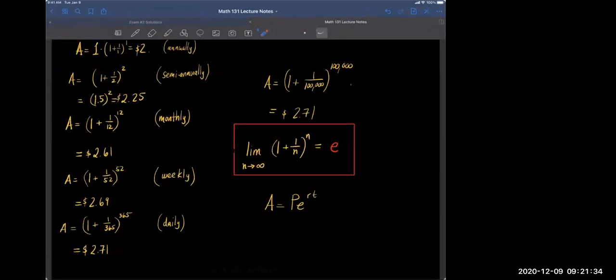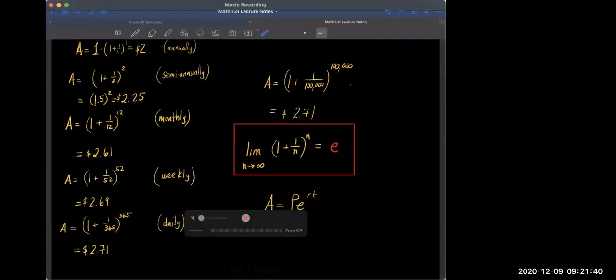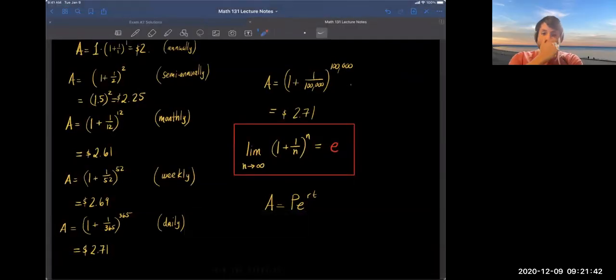Professor, I like how you gave us the background to e. It's pretty cool. I'm glad you liked it, because when I came across this, I was like, wow, this is amazing. My original thought was that if I were to compound interest more and more, my dollar would grow without bounds, right?